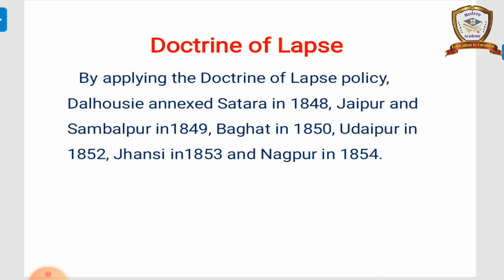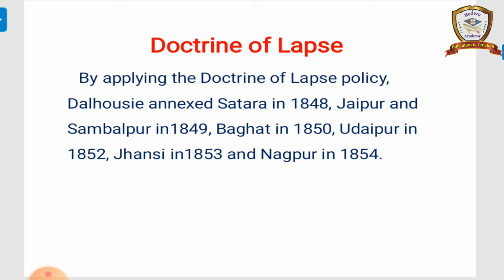Doctrine of lapse. By applying the doctrine of lapse, Dalhousie annexed Satara in 1848, Jaipur and Sambalpur in 1849, Baghat in 1850, Udaipur in 1852, Jhansi in 1853 and Nagpur in 1854.